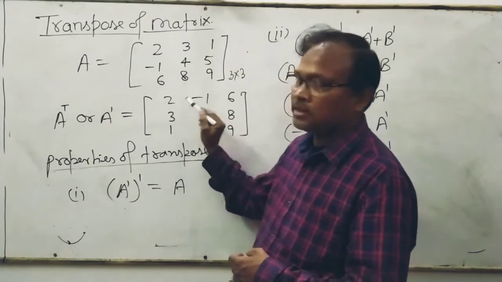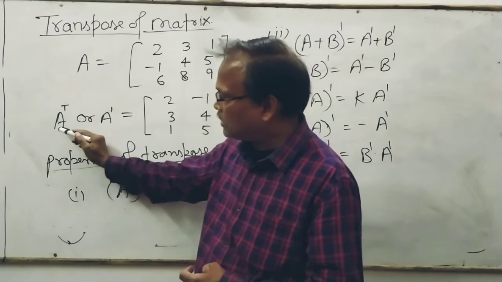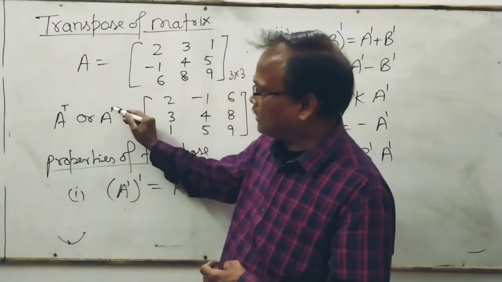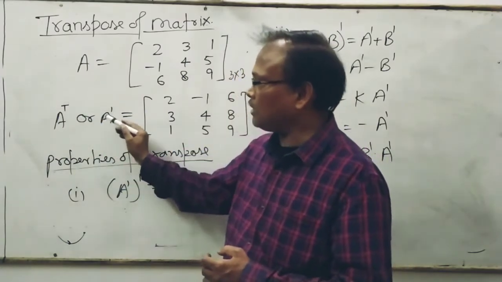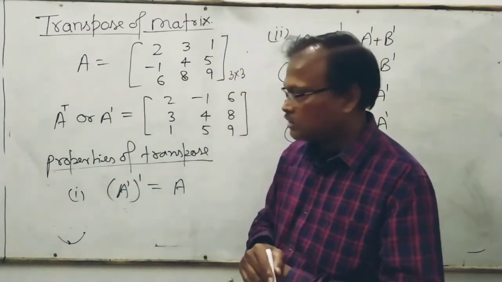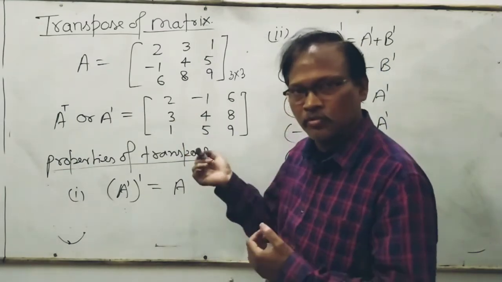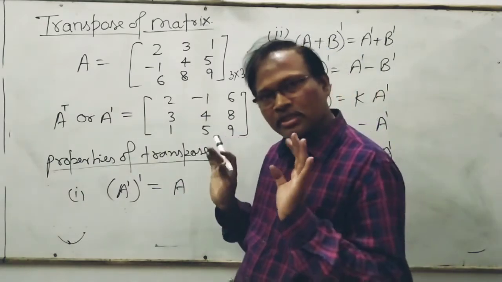This is called the transpose of the matrix, and it is represented by A with T written on top, or you can write A dash. Anyone you can write, A T or A dash. Generally I write A dash here. In some books you will get A T. This is the transpose. Clear? Simple. Very simple.